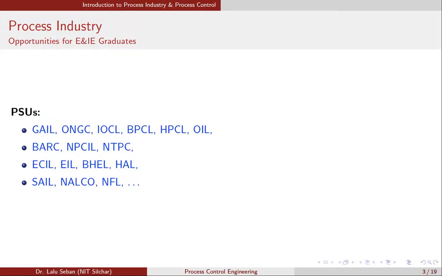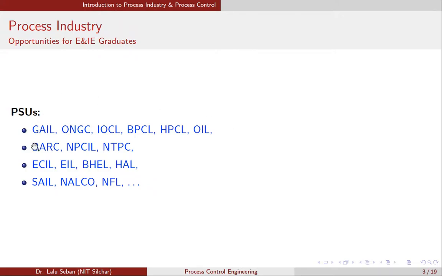Let us look at it for electronics and instrumentation engineers. What are the opportunities? In India, in public sector undertakings, there are many companies recruiting electronics and instrumentation engineering students for process control and related instrumentation jobs.